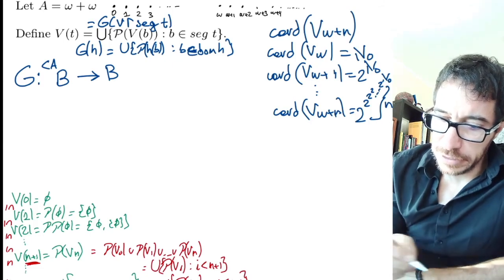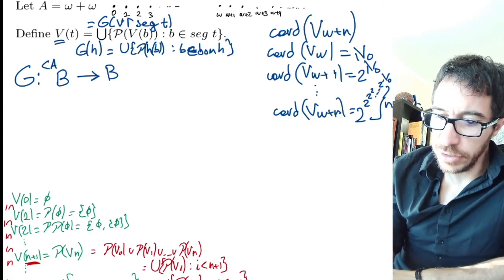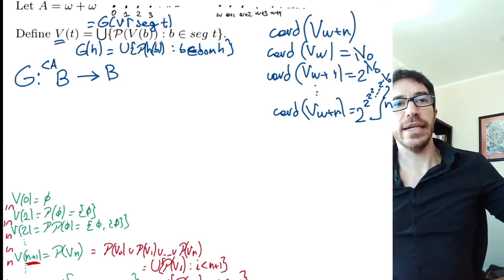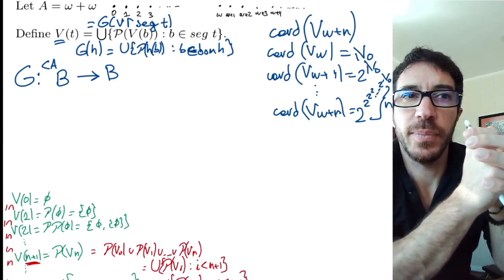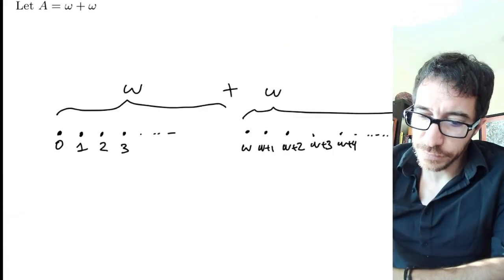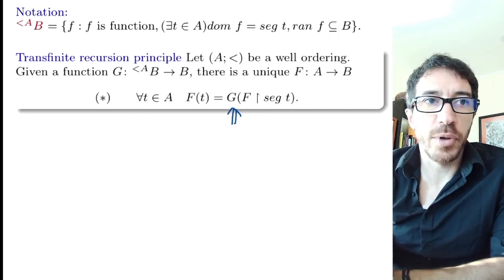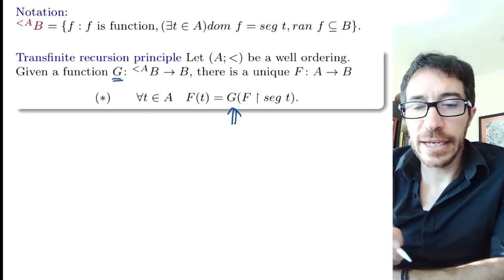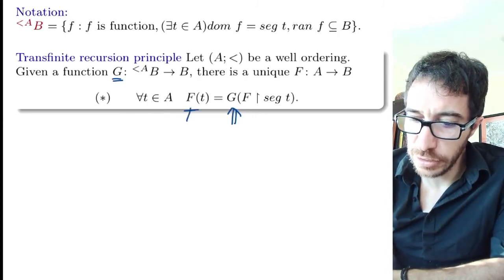The image of our function V is going to be all these bigger and bigger sets with larger and larger cardinality. Where are we getting this function g from? Because we need to define g before we define f. Let's take a look back. In the transfinite recursion principle, we are given a function g, and then we obtain our function f using it.